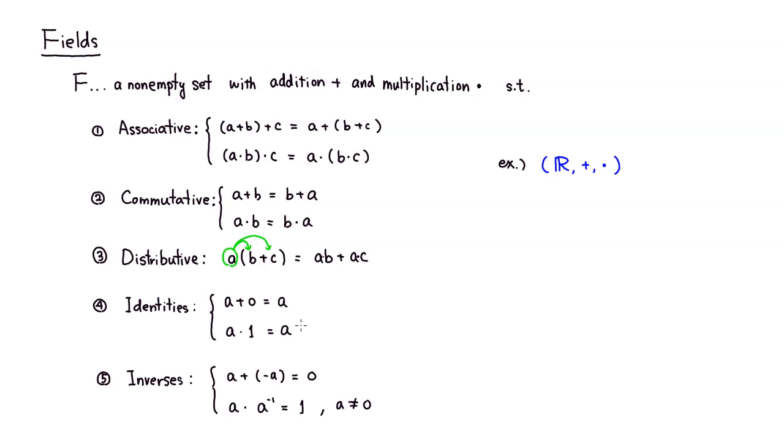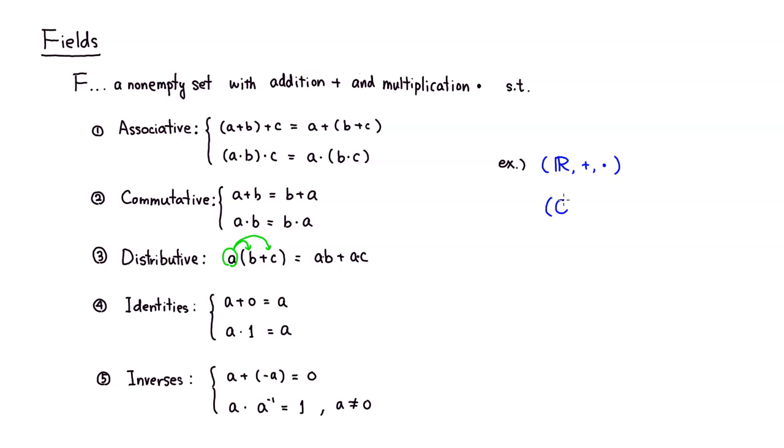So a simple example would be, of course, the real numbers, since we modeled the field after them. The usual set of all real numbers along with the regular addition and regular multiplication is an example of a field. And if you don't want to take all real numbers, we can actually do just the rational numbers.